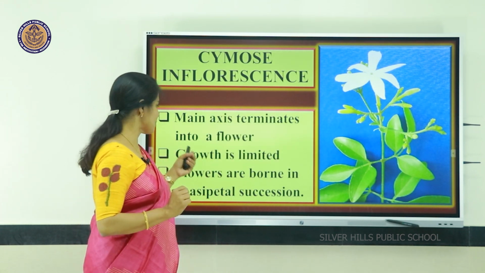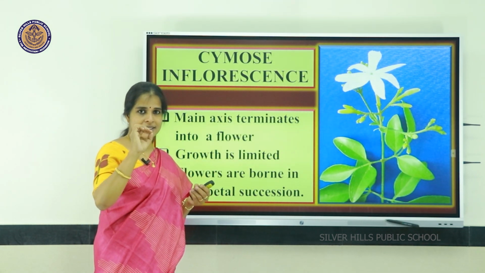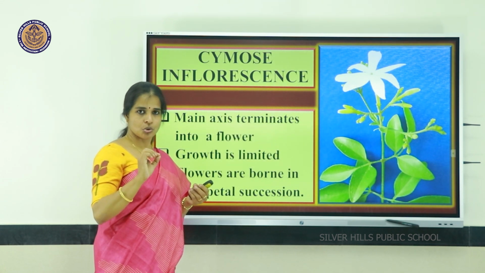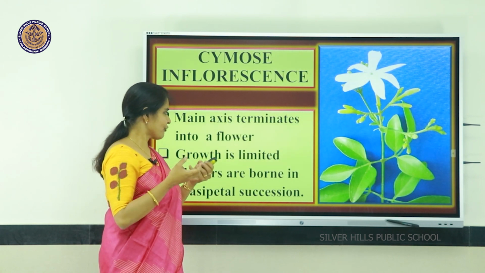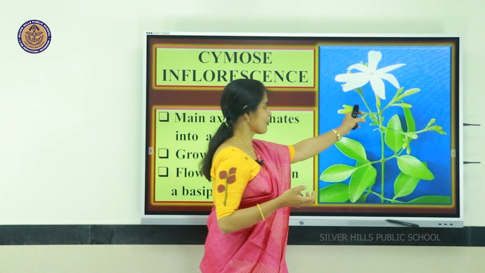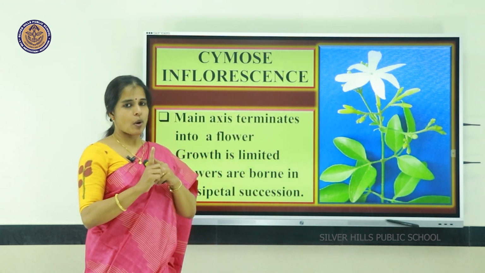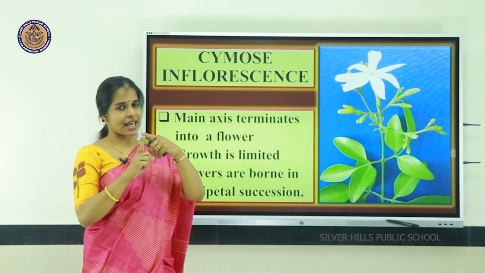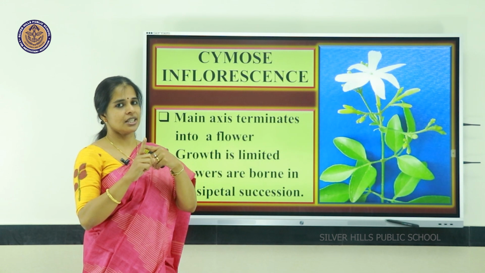What is basipetal succession? The main axis is terminating into a flower, then the next flowers are formed from the lateral part of the main axis. From the sides of the main axis, the next flowers are forming. So, always one axis, while on its growth, will end up in a flower, and from the sides of that, the new flowers are developing.